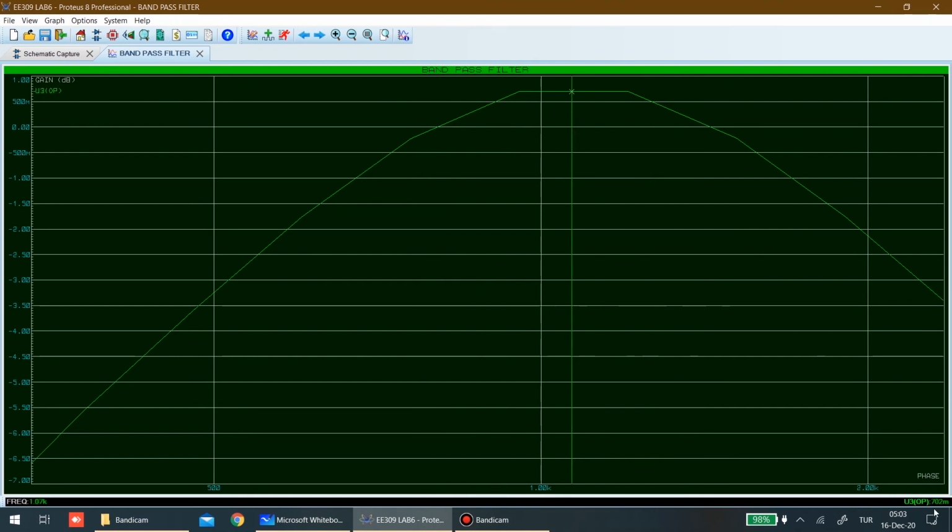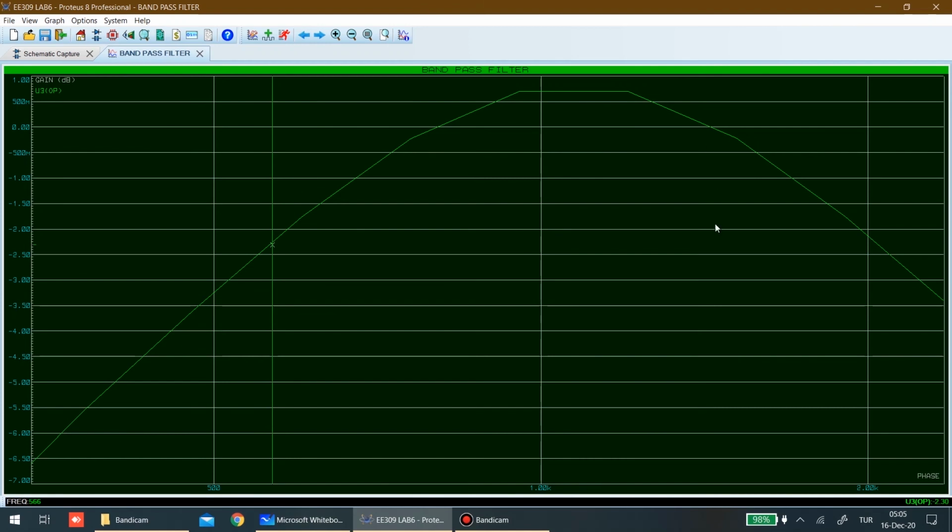The gain is 0.702 dB. Note that this is millidBs. 3 dB below this number corresponds to approximately minus 2.3. Okay, here's our lower cutoff frequency.